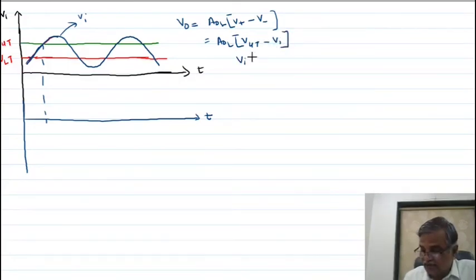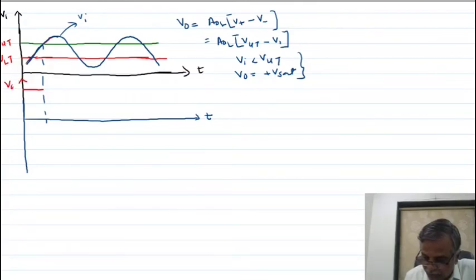So VI is less than VUT. During this time, VI is less than VUT, so my output is positive. Output is plus V sat. I am showing you this is my output, plus V sat.